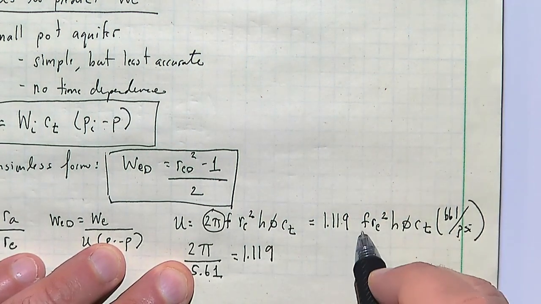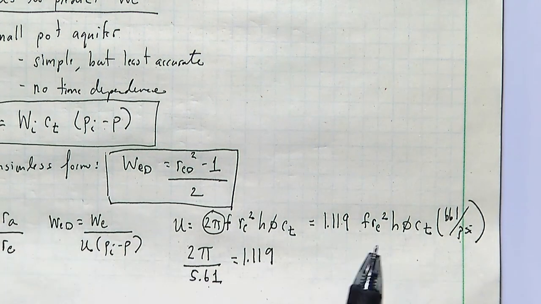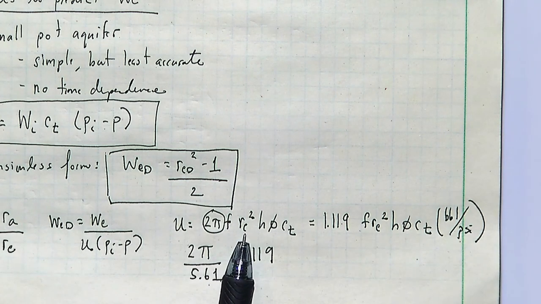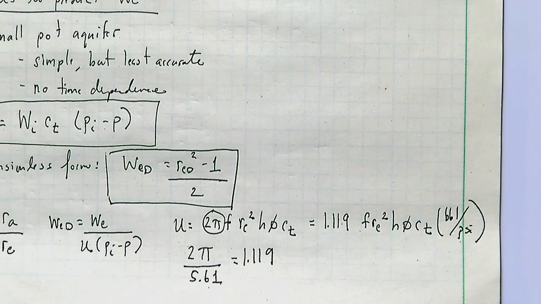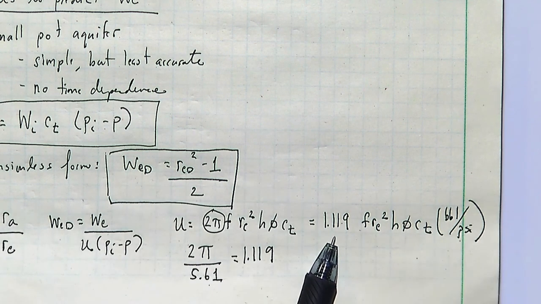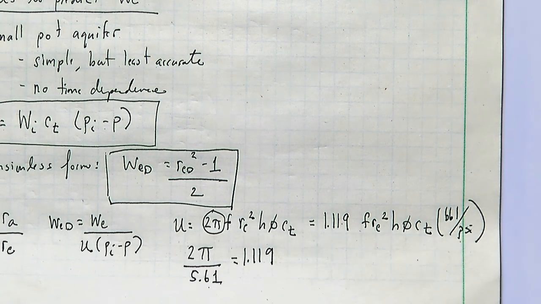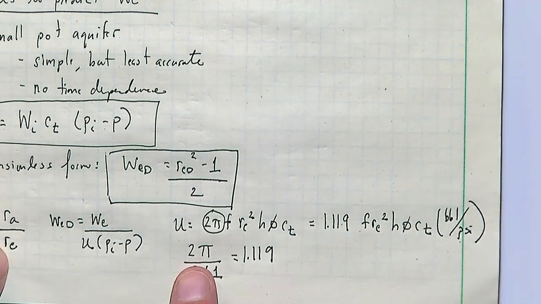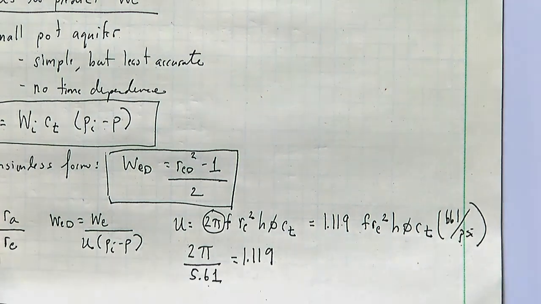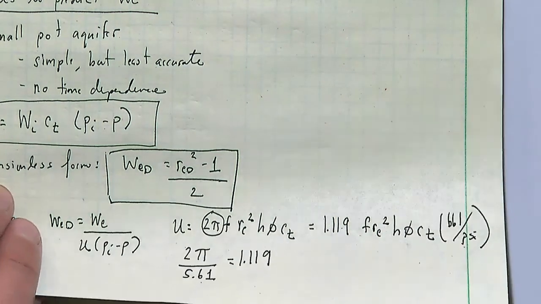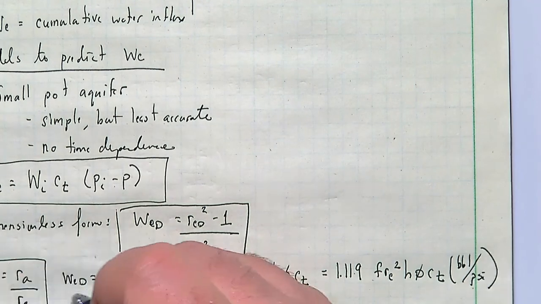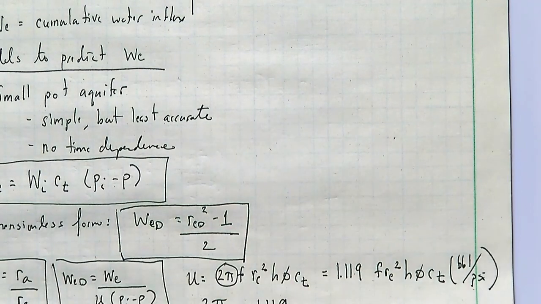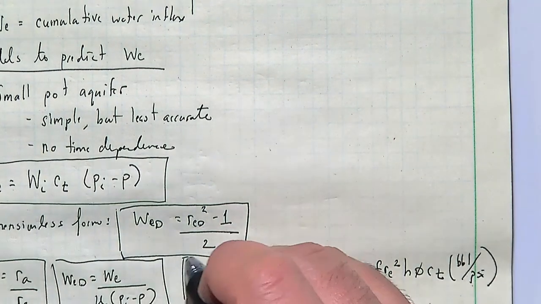So that's why there's no 2 pi in there, and that's why even though we use feet for radius and thickness, the final units are in barrels per PSI. So if you want to avoid doing any unit conversions, you can just use that, okay? You can double check that, but 2 times 3.14 divided by 5.61 should be 1.19. So these are the values used in that equation. Here's your U.